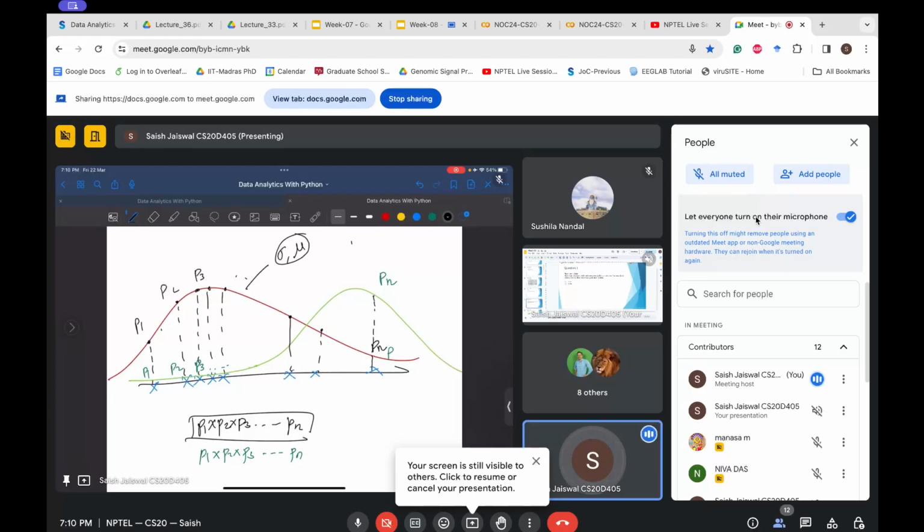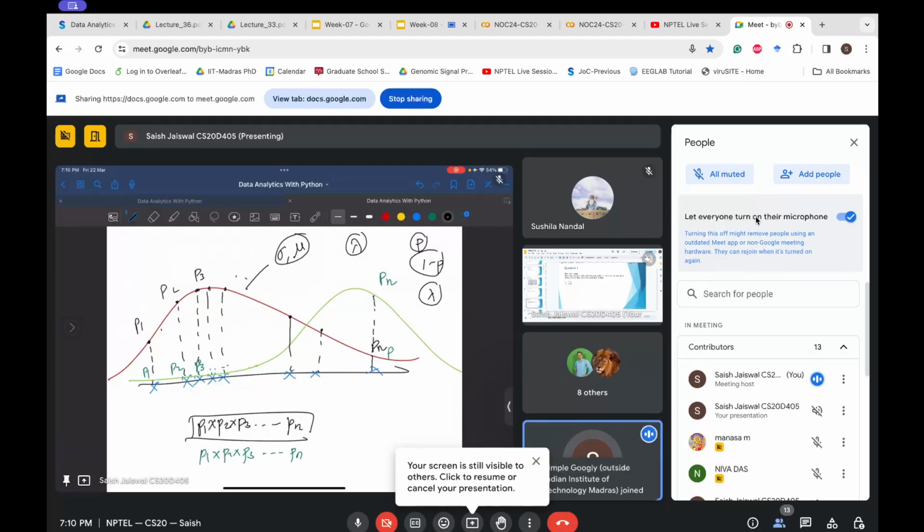For Poisson distribution it is lambda, for binomial distribution it is p, for exponential distribution again it is lambda or mu. The notations might change in literature. So these are the unknown parameters that you have to estimate given the data points.